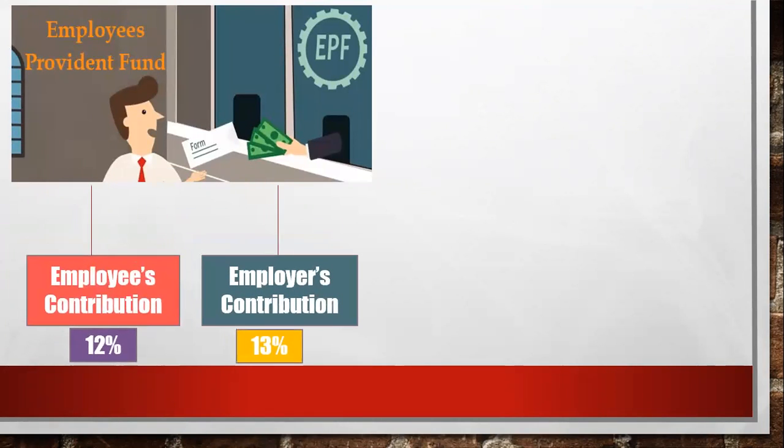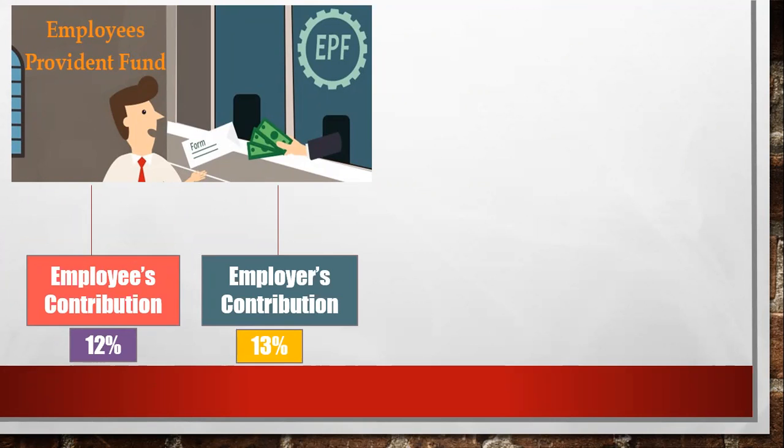The employee's contribution is 12%, and the employer's contribution is 13%. 12% of what? Basic and DA. Yes, you have to calculate 12% on the basic plus DA amount.